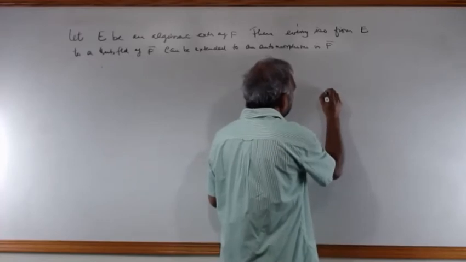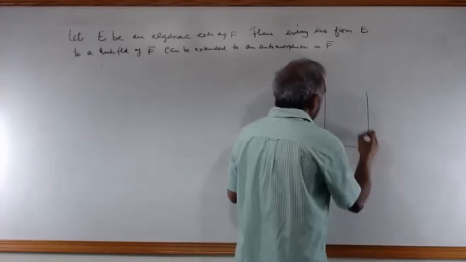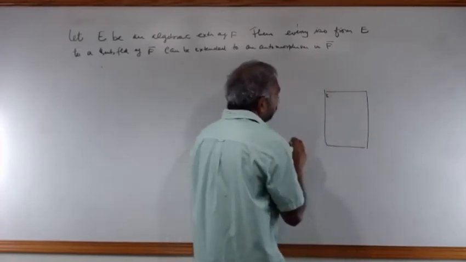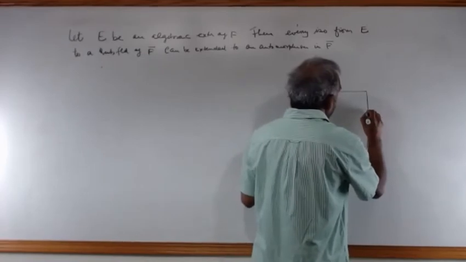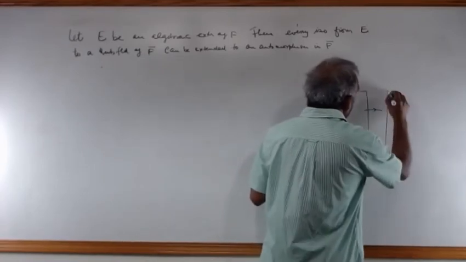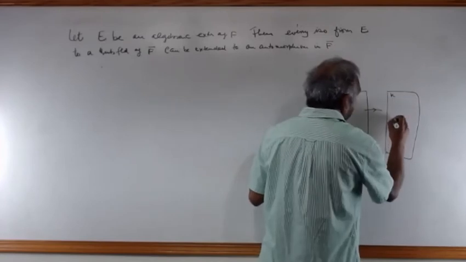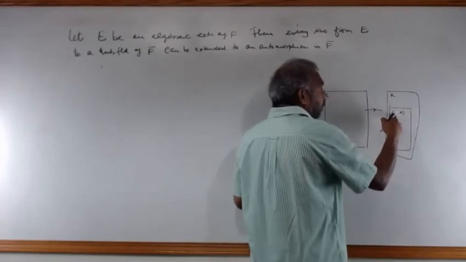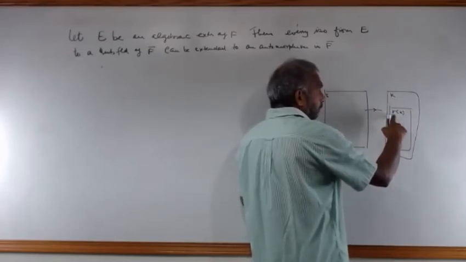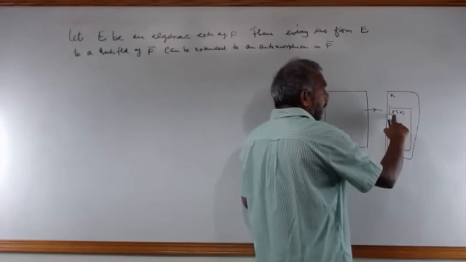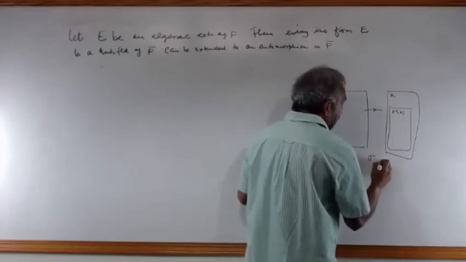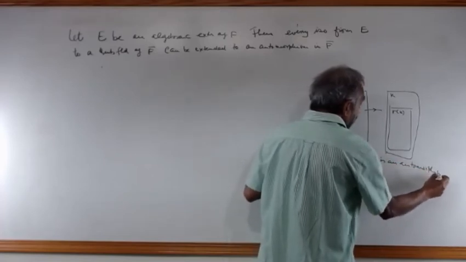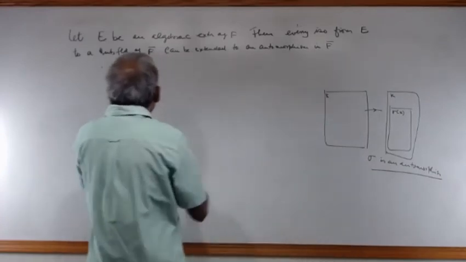The previous result is: K is algebraically closed and there is an isomorphism from here to a subfield of K, and if K is algebraic over sigma of K, then sigma is an automorphism. So we are going to make use of this result here.